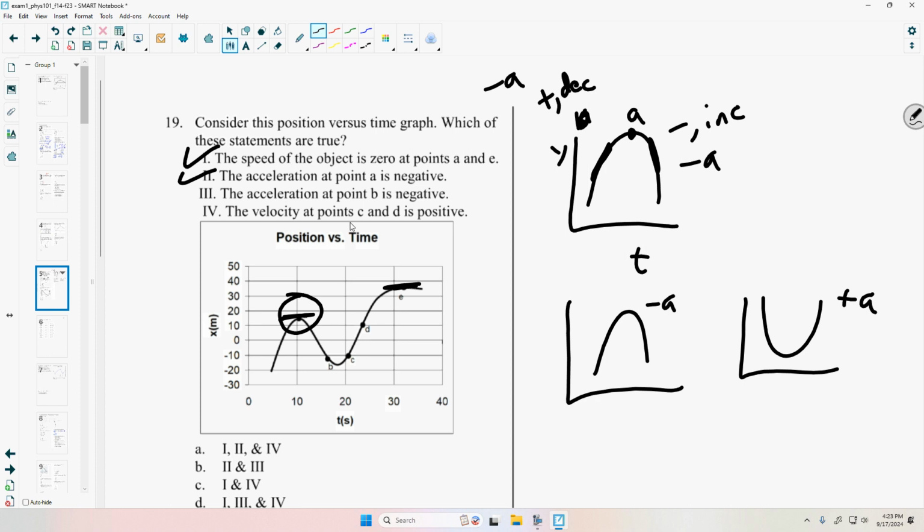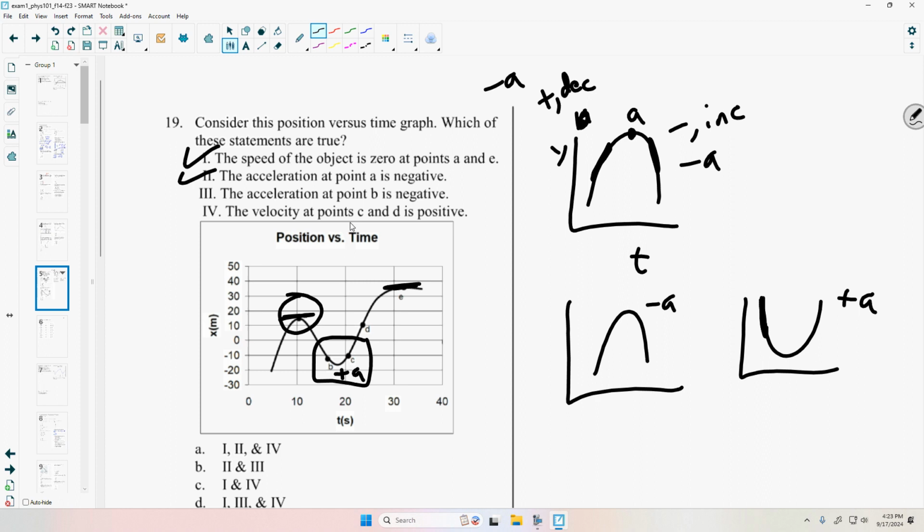The acceleration at point B is negative. Is that true? Which one of these is point B? Is it on this graph or this graph? It's this one, right. Point B is this section of the plot. And so that means that at point B right here, it has a positive acceleration, for the same reason that I said before.